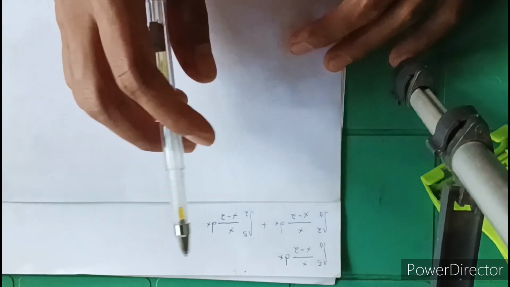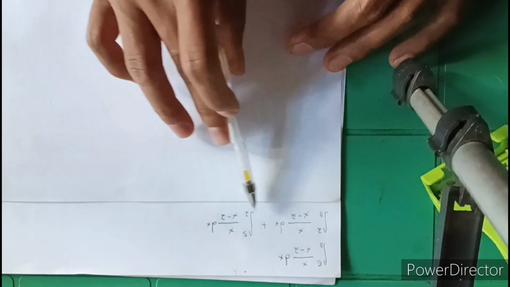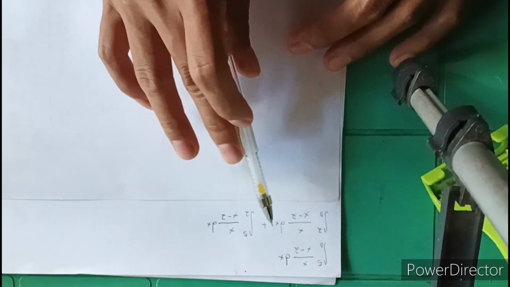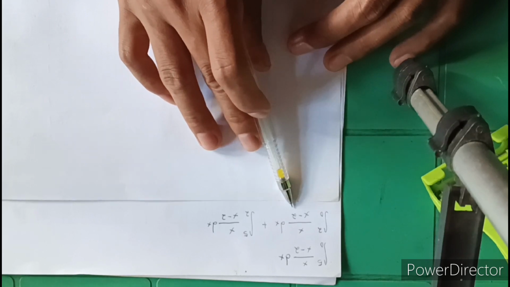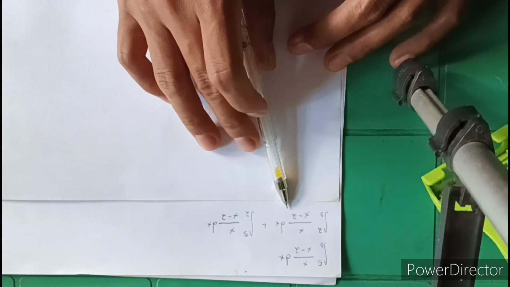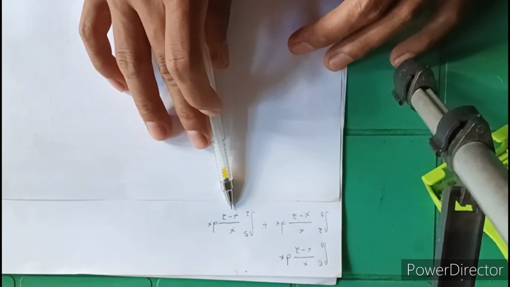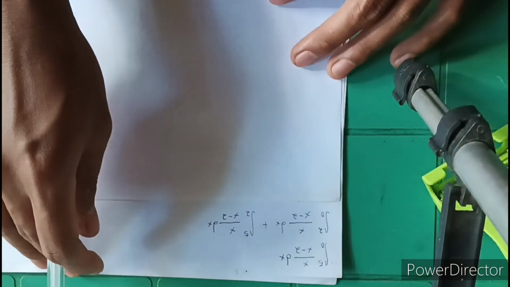All we need to do is evaluate one of these two, because if we find the first function divergent, both of them will be divergent.